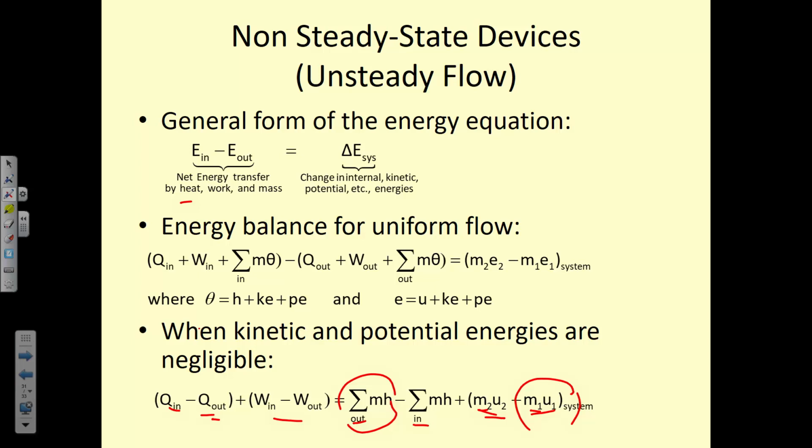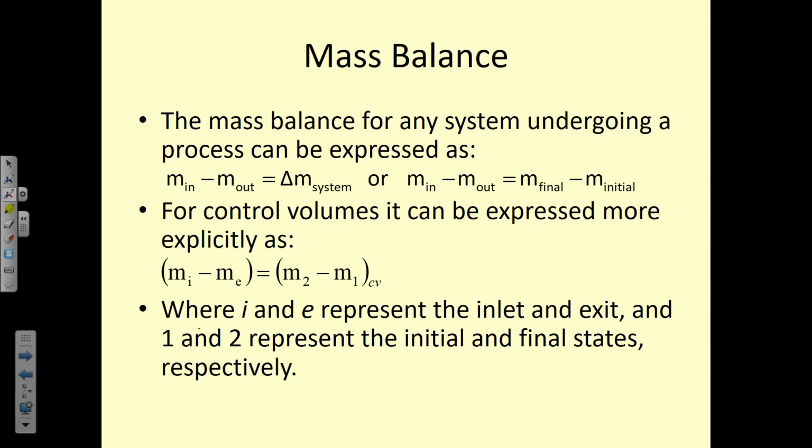So as you're writing property terms and you're solving these types of problems, you need to be very careful that you keep your subscripts straight, your ins and your outs versus your initials and your finals. Using I as a subscript is often very confusing because it could be initial or it could be in. I don't like to use I. I like just in.